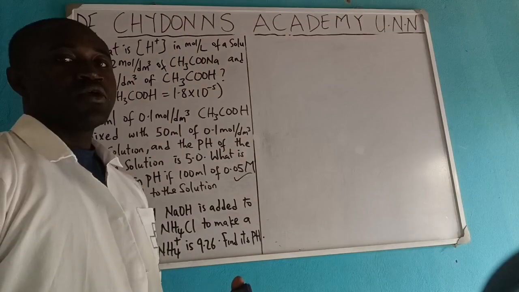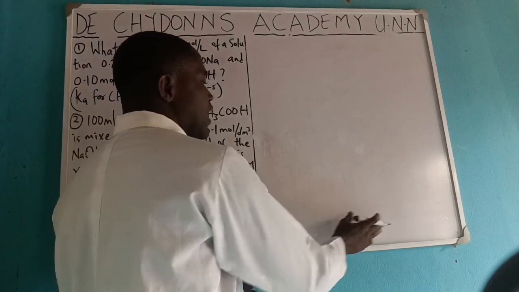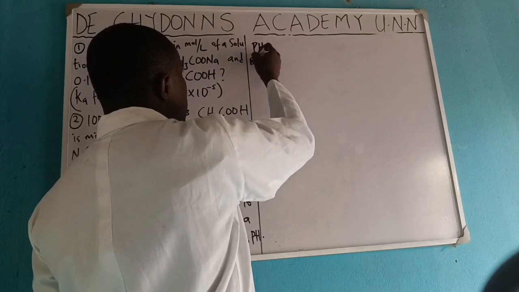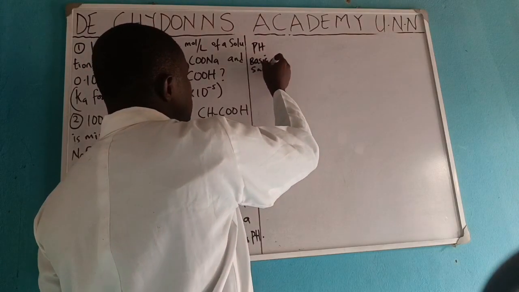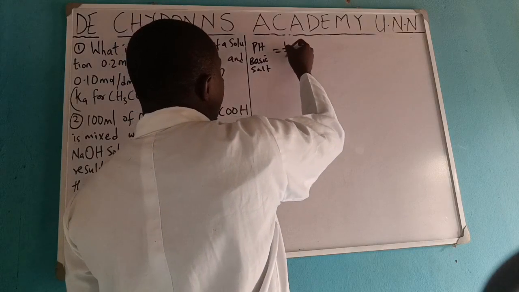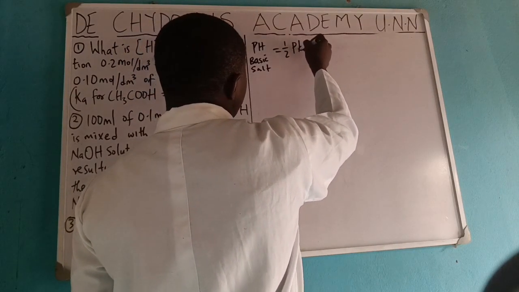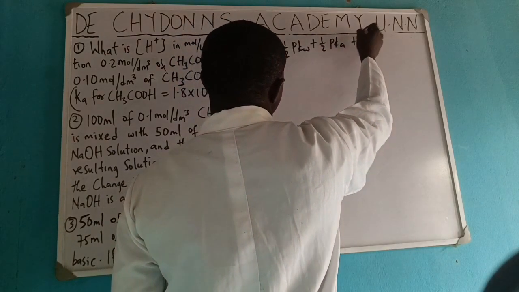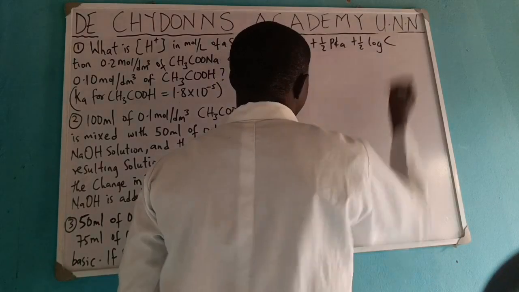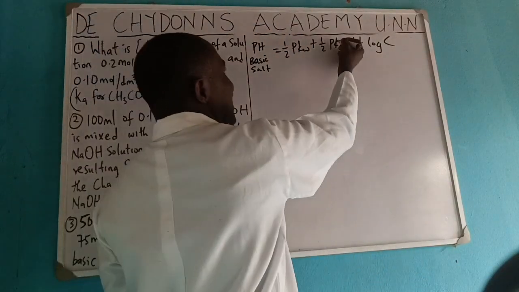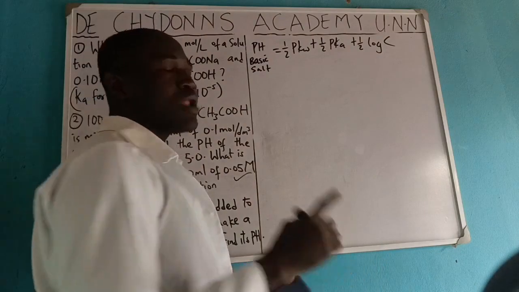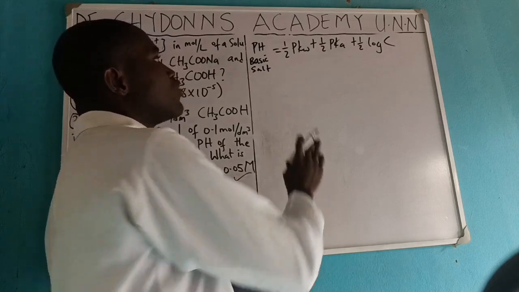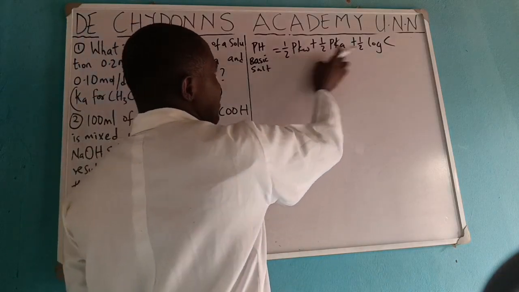That means we will be going for the pH of a what? A basic salt. So since we have gotten the final thing to be a basic salt, we say the pH of a basic salt is equal to half pKw plus half pKa plus half log C. There is need for you to check our class on ionic and chemical equilibrium on Chidons Daniel YouTube channel, so that you will see how we derive this formula.